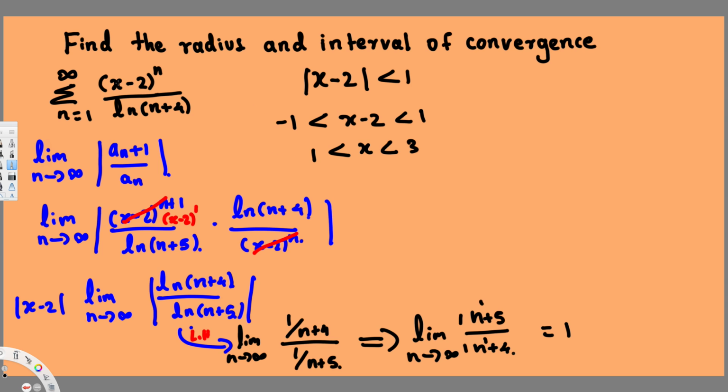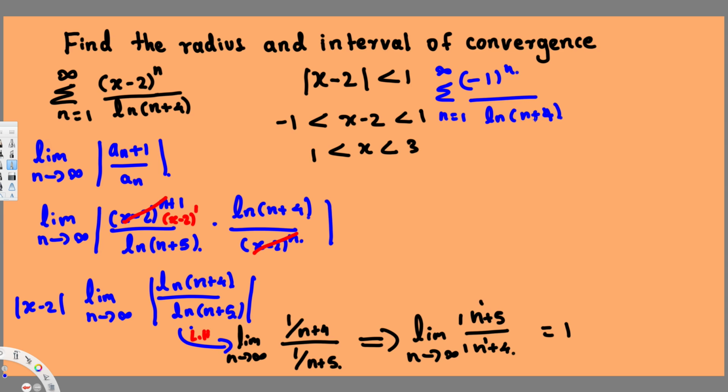If you plug this in, this is going to become negative 1 power n, right? Because 1 minus 2 is going to be negative 1, negative 1 power n. So we are going to have the sum from n equals 1 to infinity of negative 1 power n over ln(n plus 4), right? And you can see this is an alternating series because we have negative 1 power n.